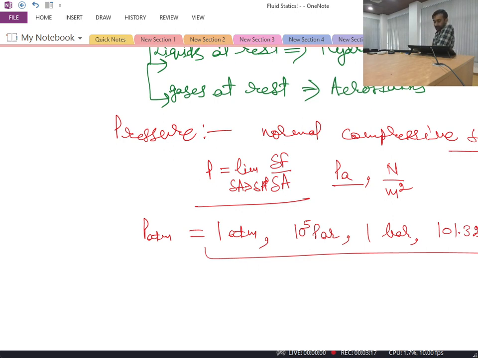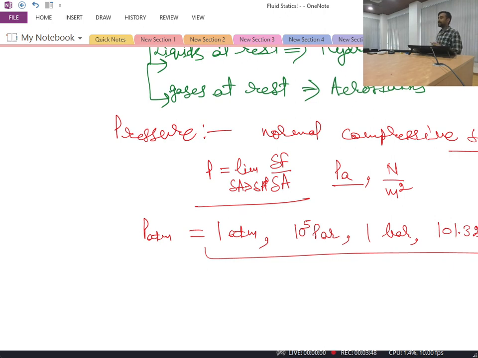Now, whenever we are measuring this pressure and calling it either 1 atmosphere, or 1 bar, or 101.32 kilopascals, we have to specify some reference scale, with reference to what point we are measuring it. On a common understanding, the atmosphere contains different gases, particularly air.